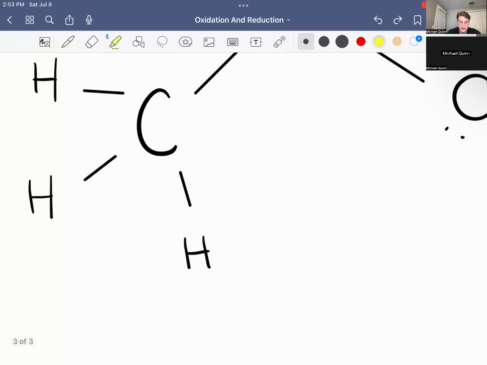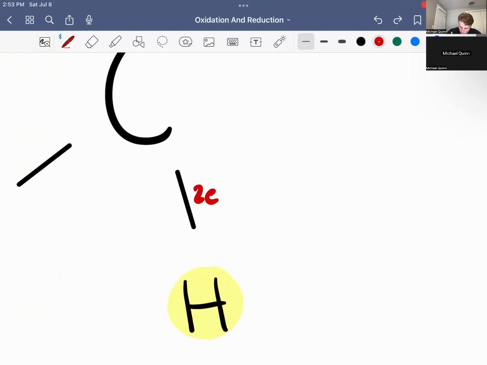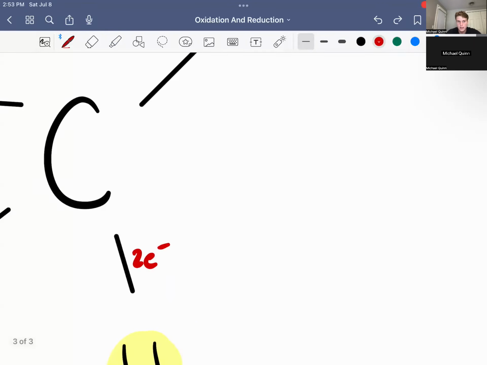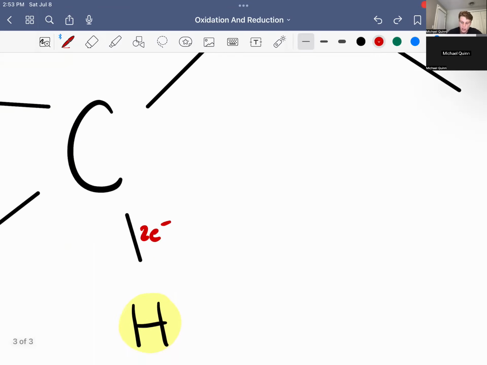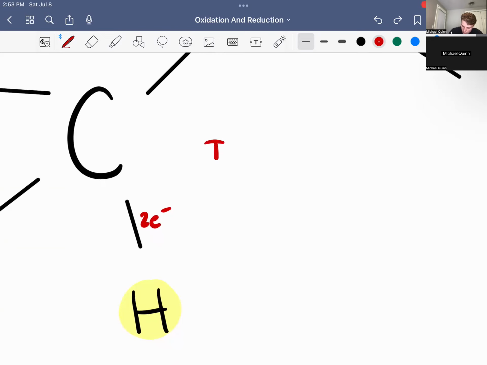So if we want to assign the oxidation state for this hydrogen, we need to take one more thing into account. In this carbon-hydrogen bond, this bond is made up of two electrons. When we assign oxidation states using Lewis structures, we need to take into account that the more electronegative atom takes all the electrons in a given bond.